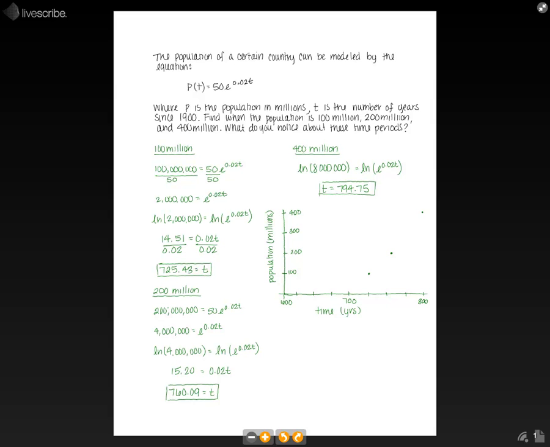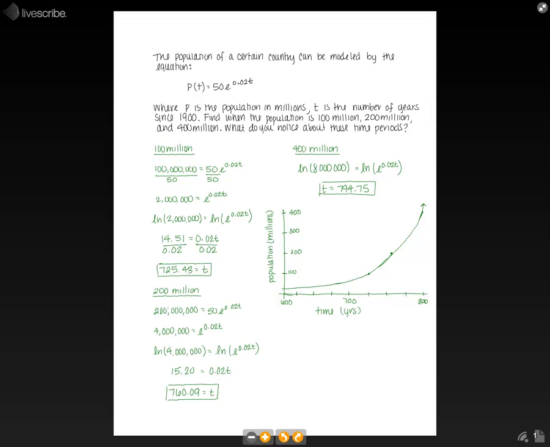If we connect those dots, we see that we have a curve right here. So that's what our graph looks like. We can continue that onward.